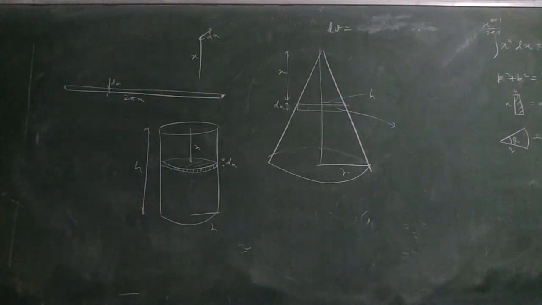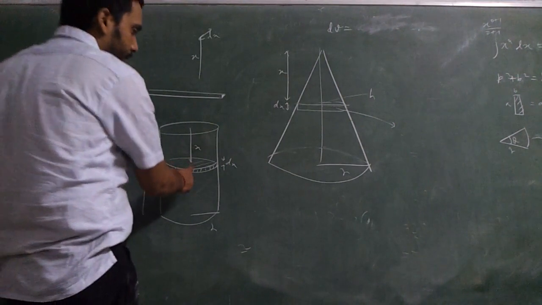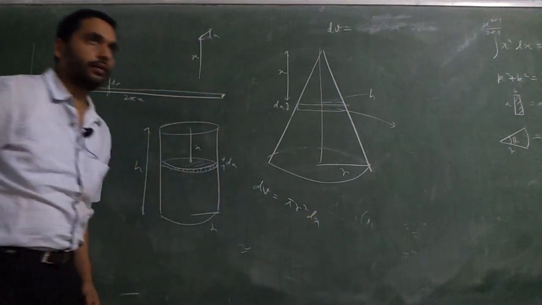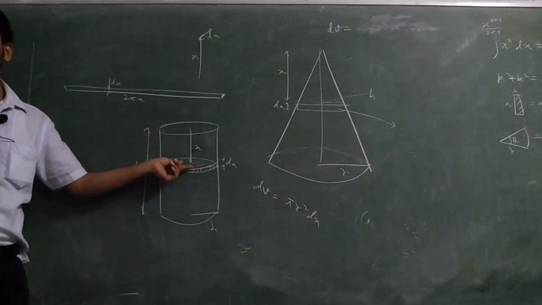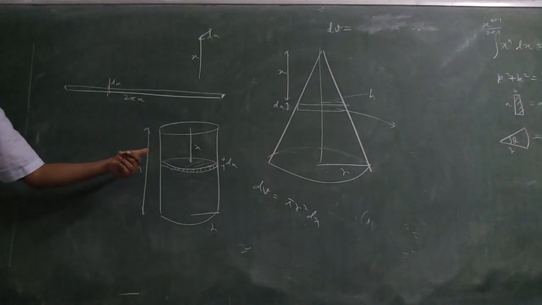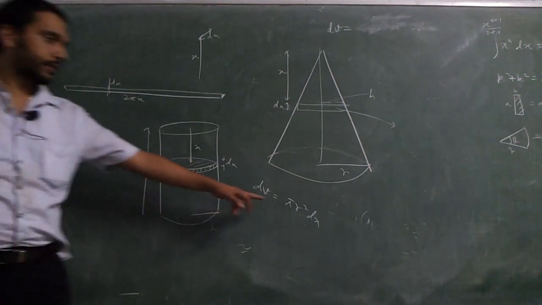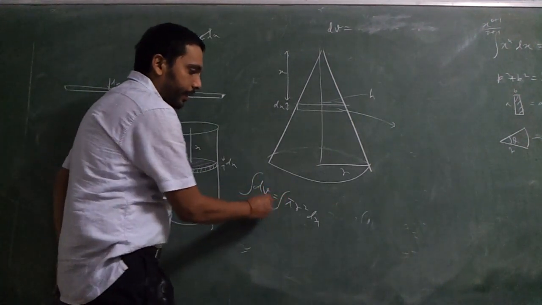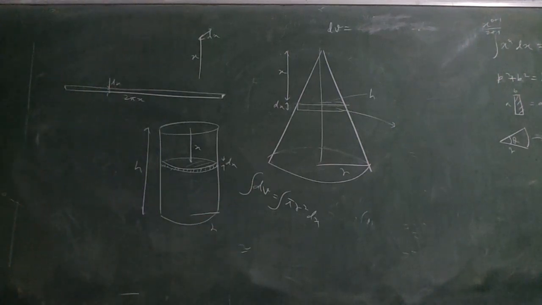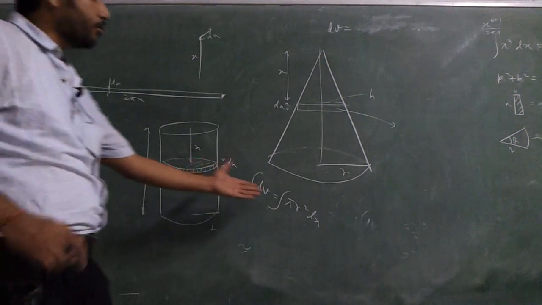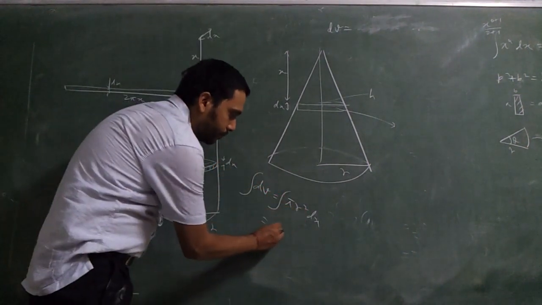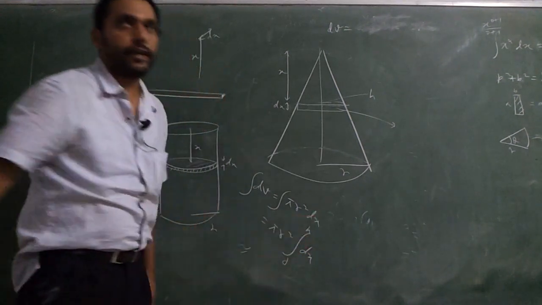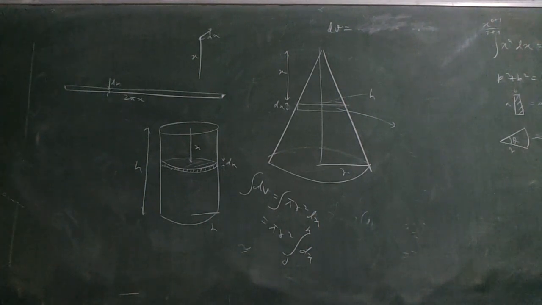What is the elementary volume of this? dV is equal to pi r square dx, or not? Base area pi r square, height dx. R is the same as the bottom r, right? And the total volume will be the integration of this. Pi r square is constant, so it will be the integration of dx, x going from 0 to h, and you will get h minus 0.